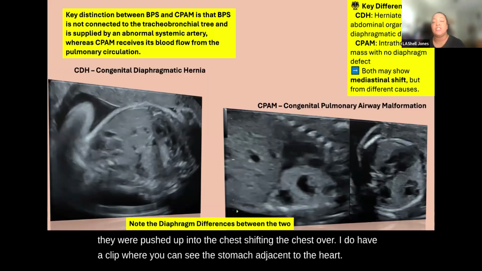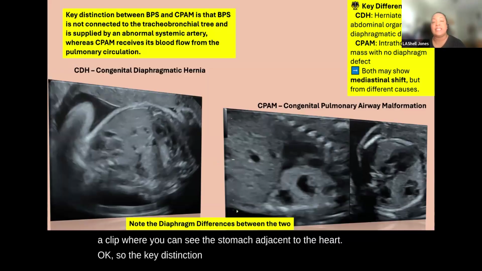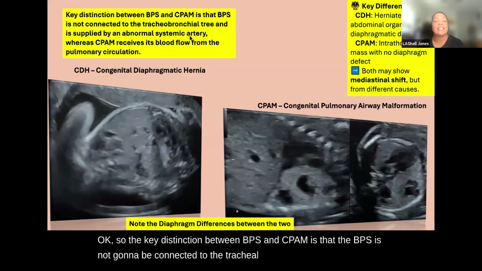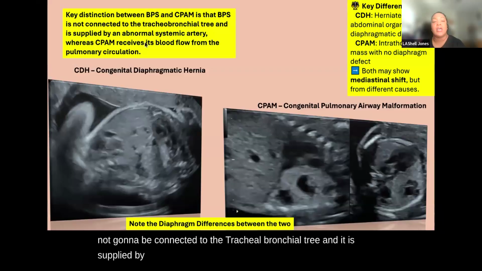Okay, so the key distinction between BPS and CPAM is that the BPS is not going to be connected to the tracheobronchial tree, and it is supplied by that abnormal systemic artery. Okay, CPAM will receive the blood flow from the pulmonary circulation.